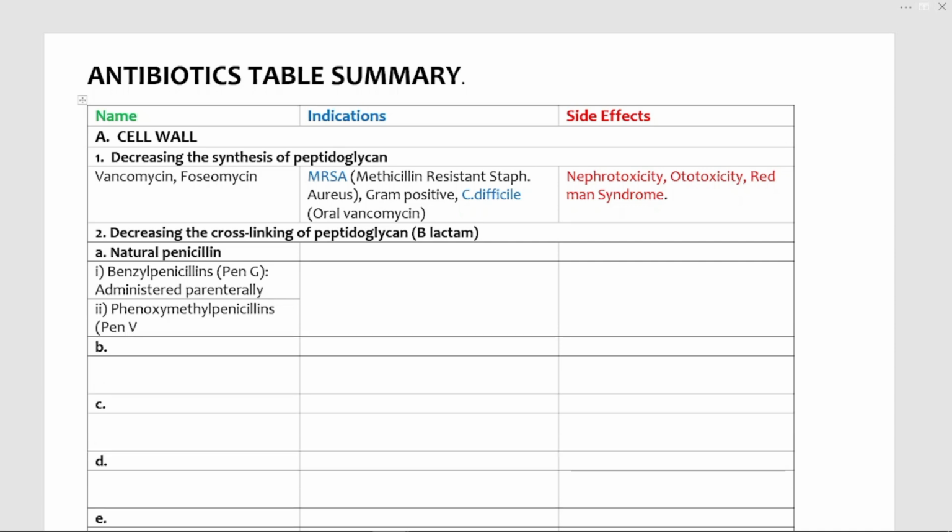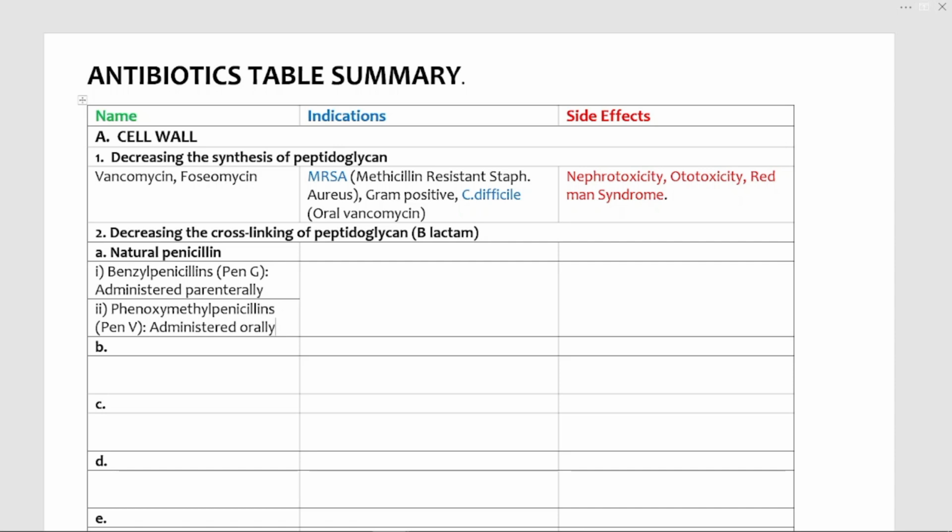Now, the major difference between these two classifications is that the pen V are always administered orally. So that's the major difference. When it comes to natural penicillin, you have to look at, is it pen G or pen V? Pen G is administered parenterally, either through IM route or IV route. The pen V is administered orally.